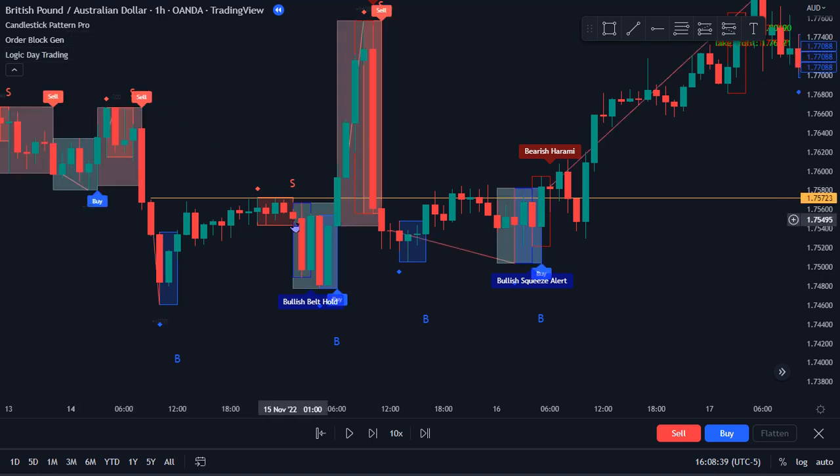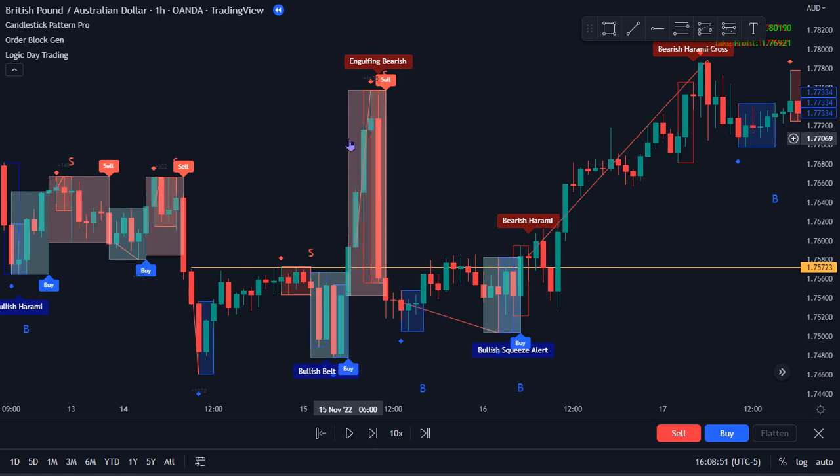We see that it's picking up these 1, 2, 3, 4, 5 candles, and all 5 candles are being used for other bullish confirmations. So we see that break of structure.